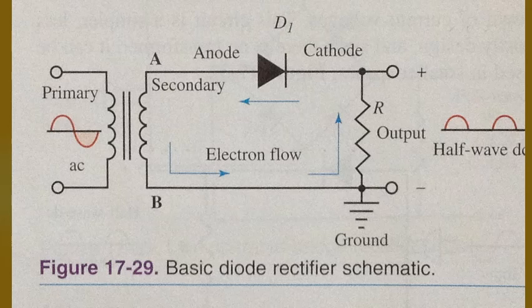During the second half cycle, point A is negative. The diode anode is also negative. No conduction takes place and no IR drop appears across R. An oscilloscope connected across R produces the waveform shown.